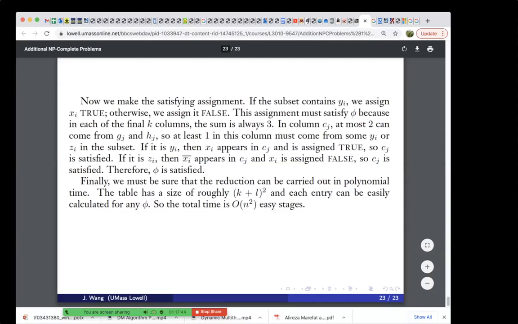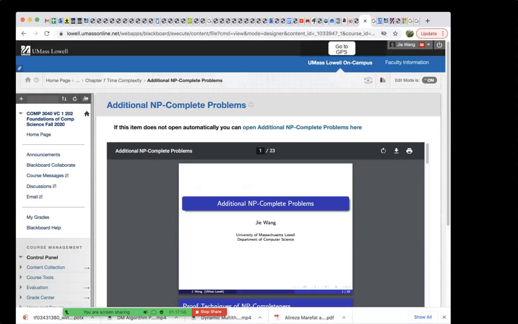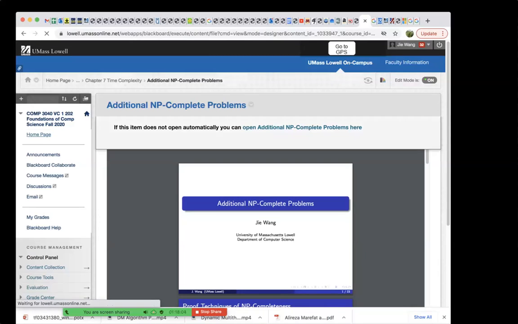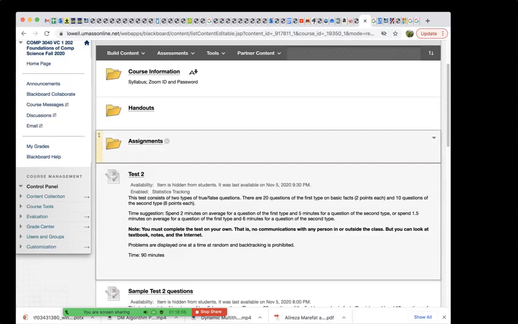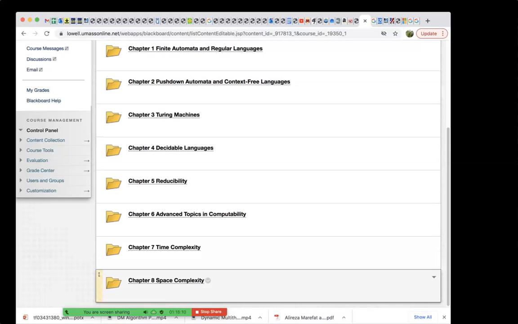Next, we change to a new topic, which is Chapter 8, Space Complexity.